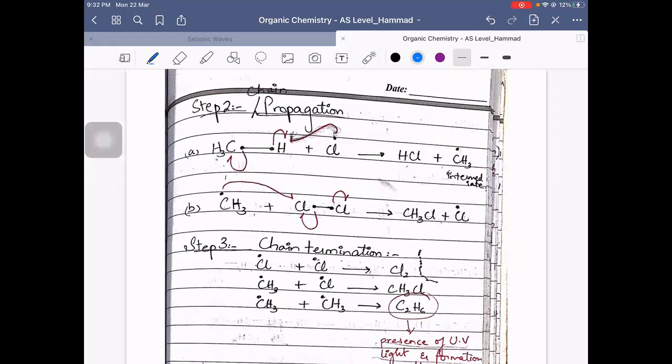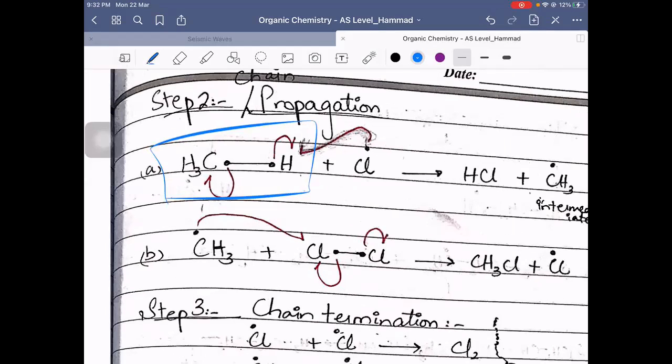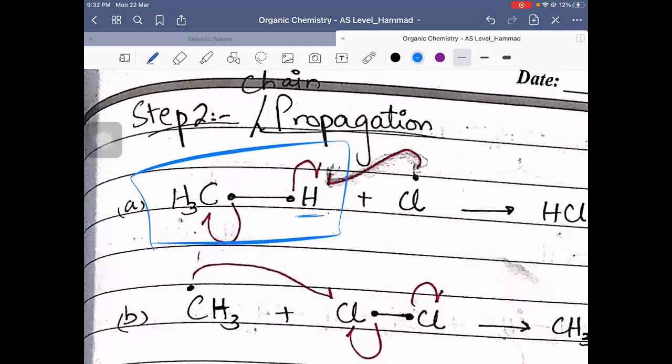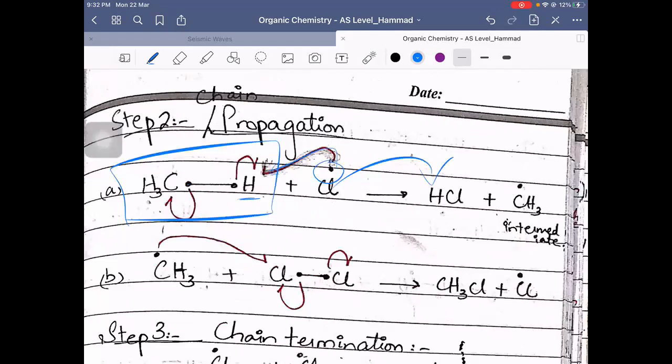Moving forward, the chain is propagated. The CH4 molecule gets divided into CH3 and hydrogen. Hydrogen, being an electron deficient center, gets attracted to the chlorine, which is electron rich, and therefore they form HCl.